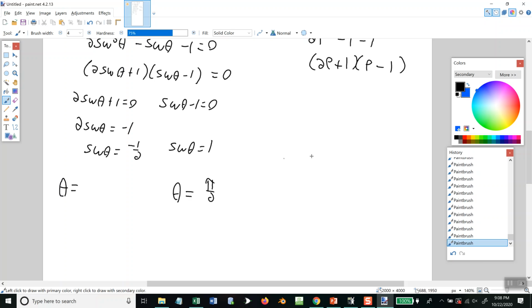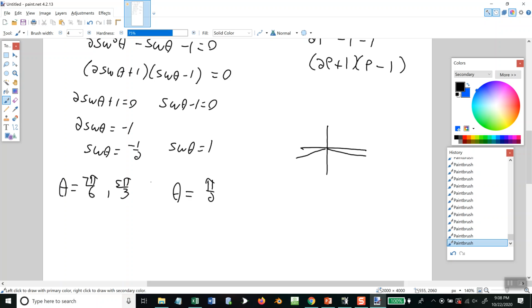If I look at where it's equal to negative 1/2, that's like this piece right here and this piece right here. It went down too far. This is 6 pi over 6. That's 7 pi over 6. 8 pi over 6, 9 pi over 6, 10 pi over 6, 5 pi over 3. I'm not very good with quadrants 3 and 4. I think that's right. Or is it 11 pi over 6?